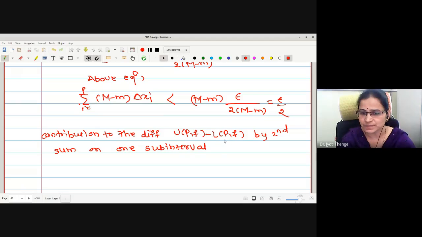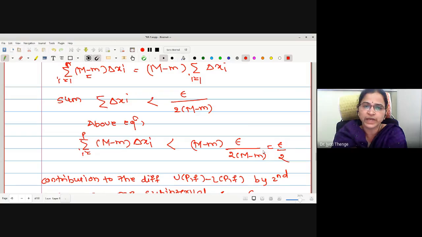This should be less than epsilon, but we want to adjust the terms, so I will write this as less than epsilon upon 2 times p plus 1.